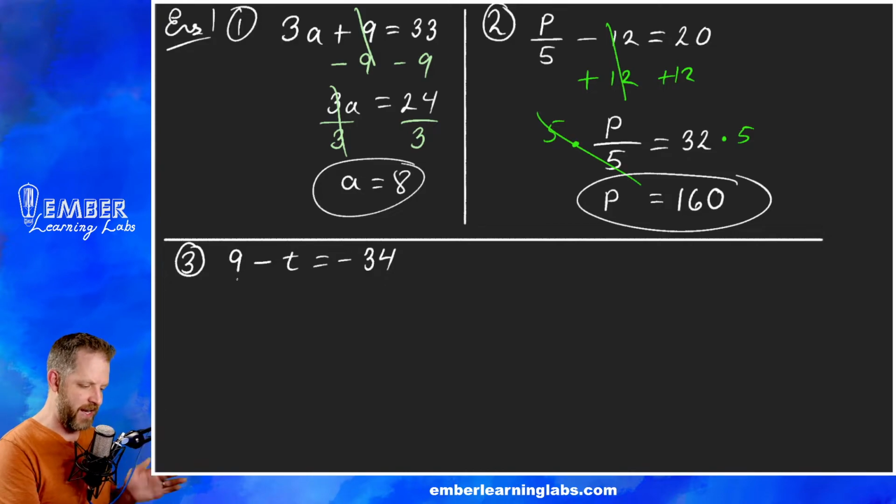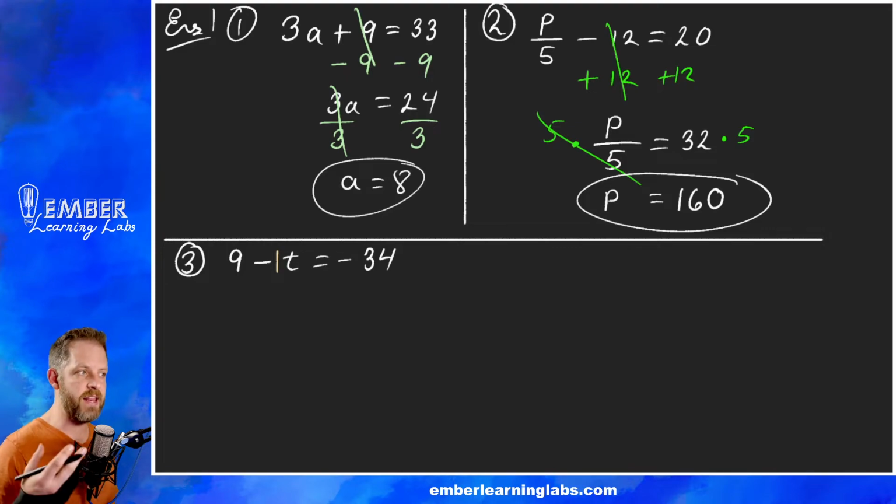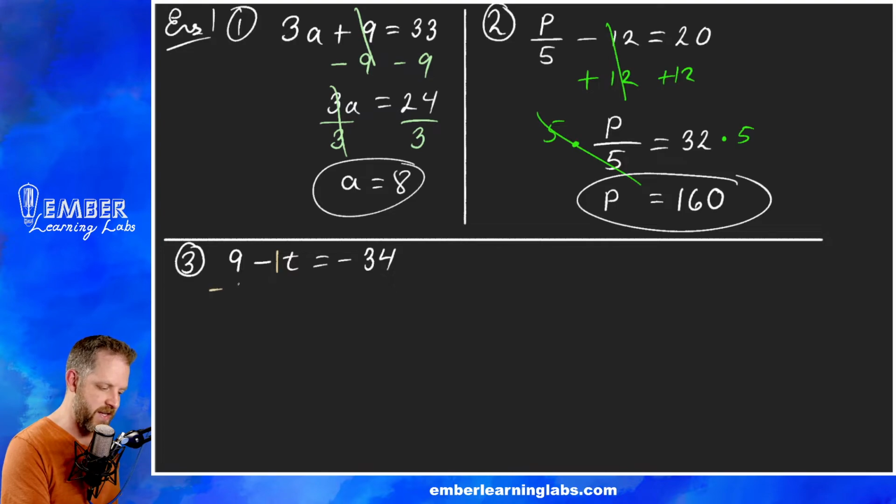This 9 is positive, and so it's added. This negative is actually hiding a hidden negative 1 that's multiplied onto the t. So this 9 is actually added because it's positive. Remember that what we're trying to think about is what would make this go away. 9 plus 9 is 18, but 9 minus 9 is 0, right? So we're going to subtract 9 from both sides.